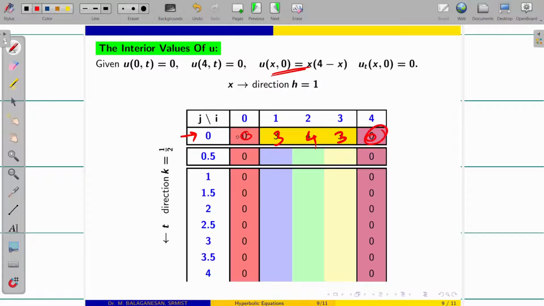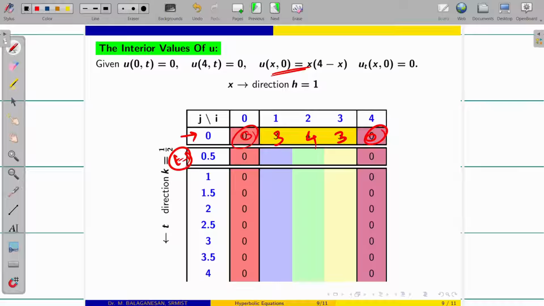As I told you already, the corner values should coincide. Now we have to find the interior points. This is the initial position, t equal to 0. This is the t equal to 1 position, the first time step. For the first time step position, we have to apply the average formula. What is the average formula here?